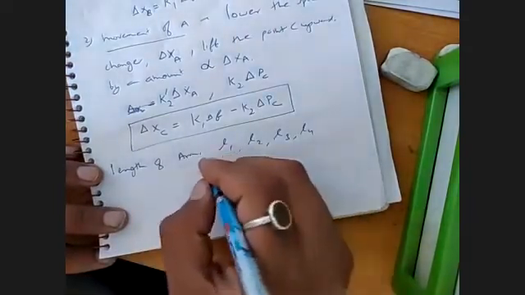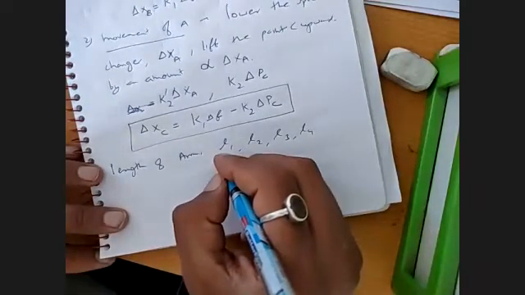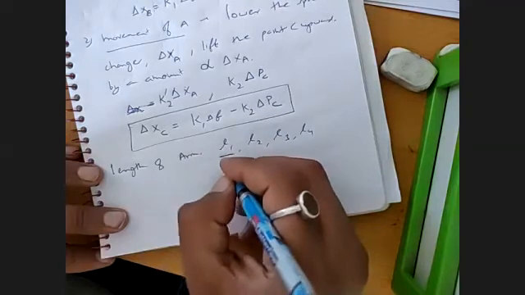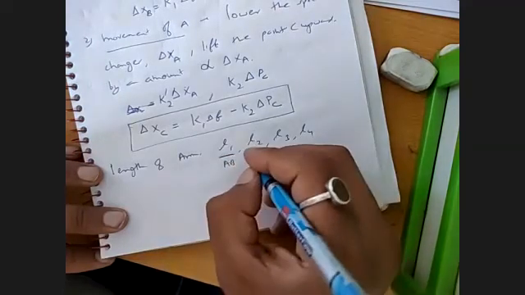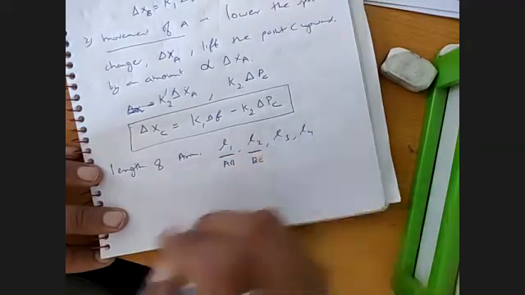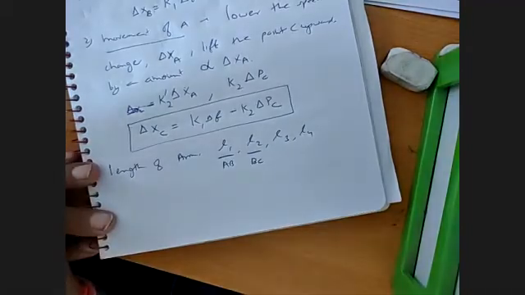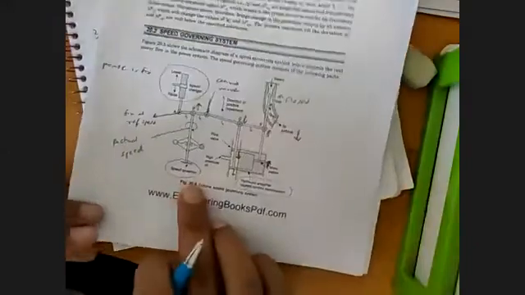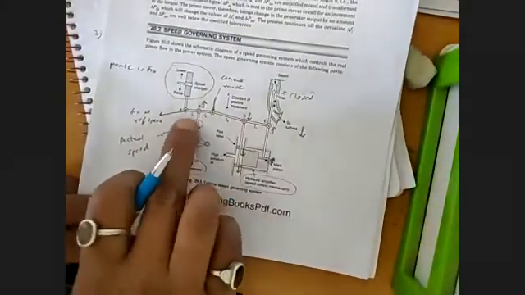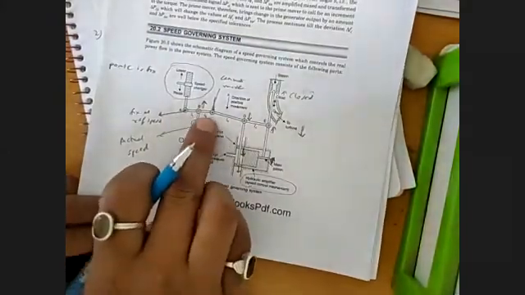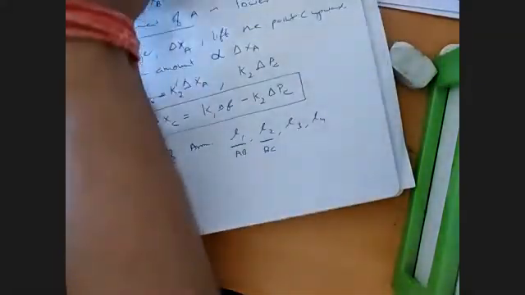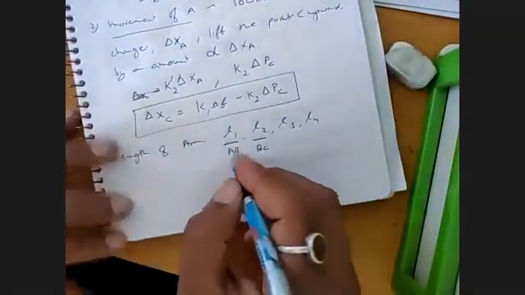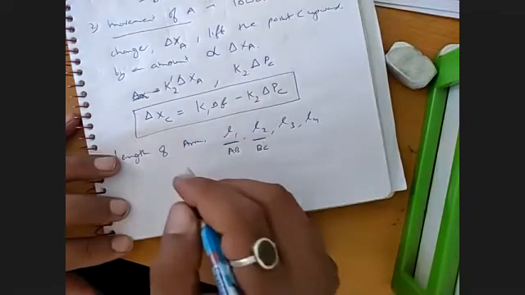If you go through this diagram, AB is L1, BC is L2. So they will be depending on L1 and L2.